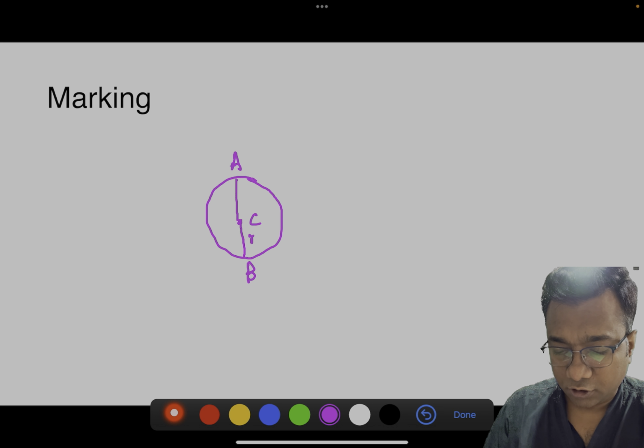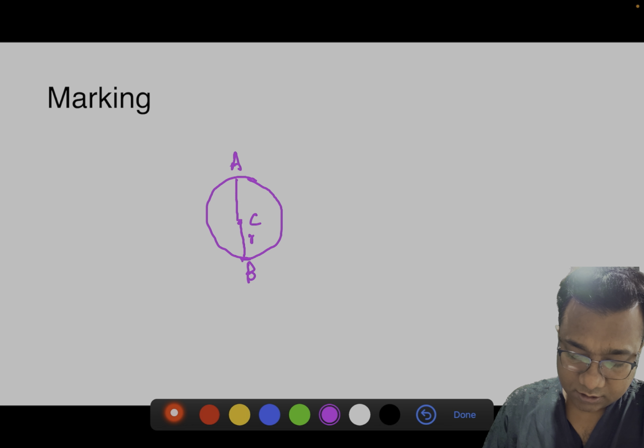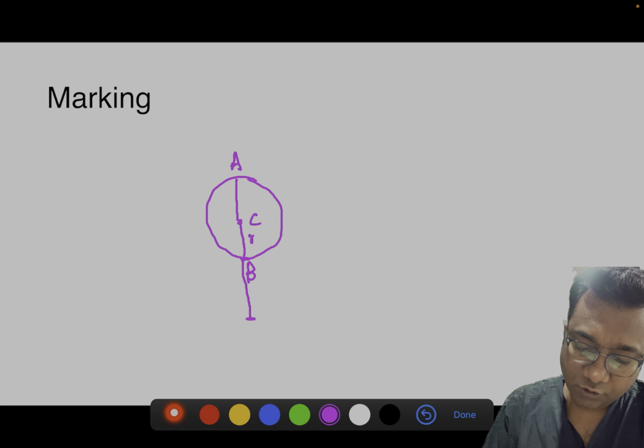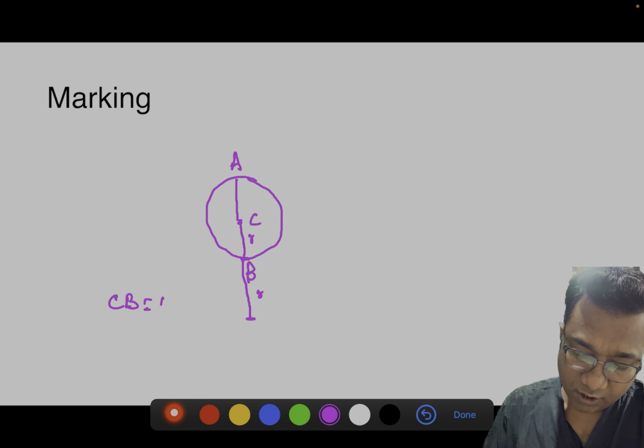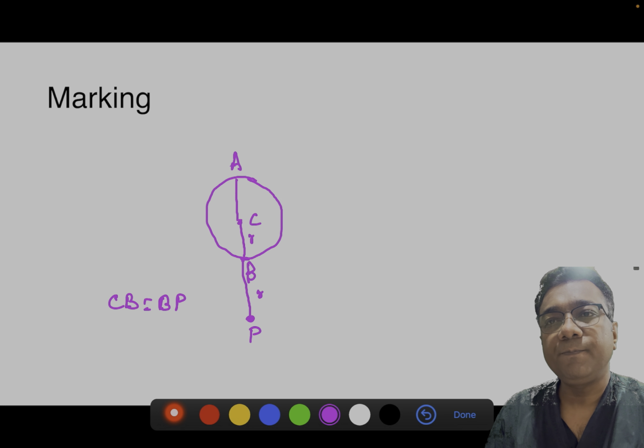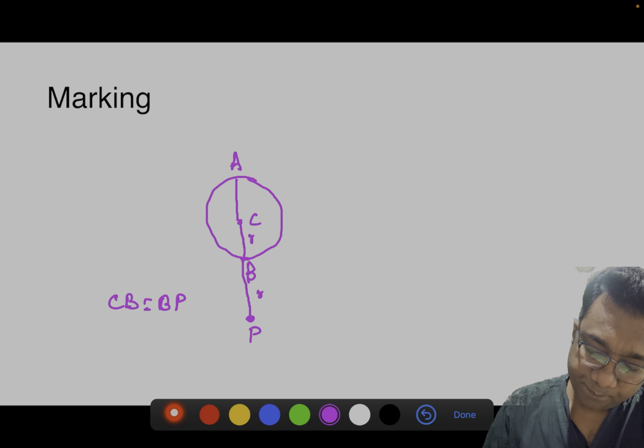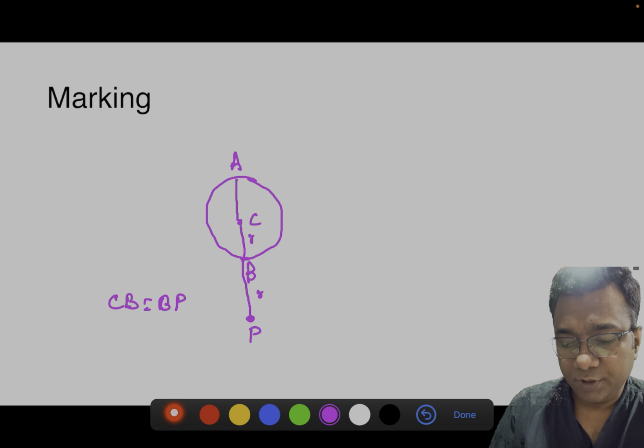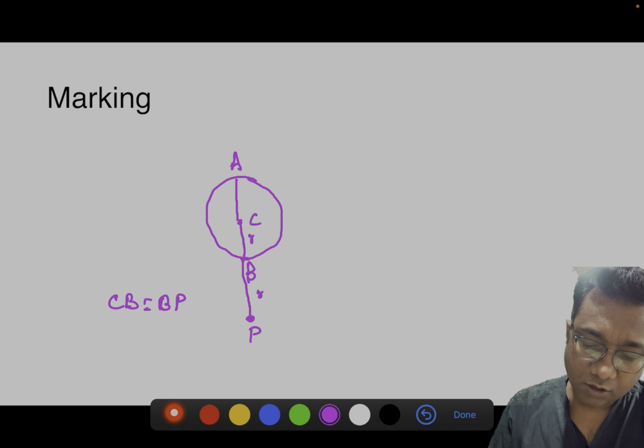So you have to draw another center, another pivot. This is called the P point, which is equivalent to R. So CB is equivalent to BP. This is the P. So this will be the center of the future pivot. Now there will be two circles, one an outer circle, another an inner circle.